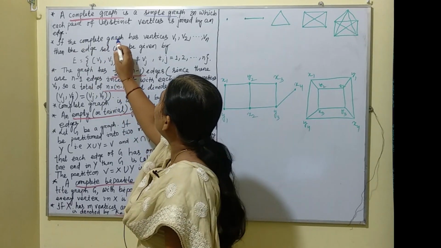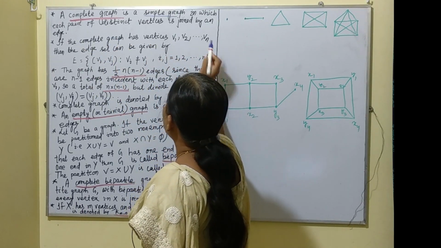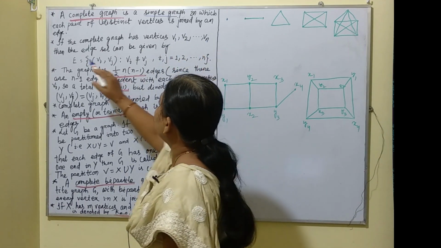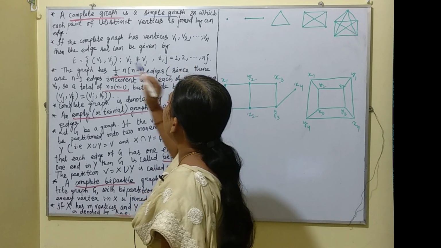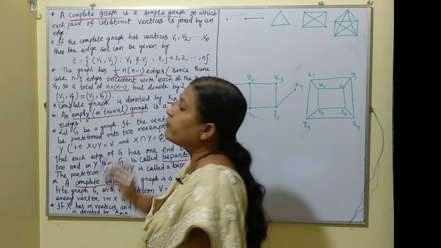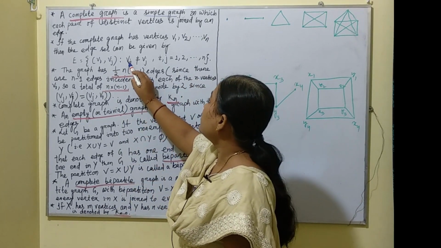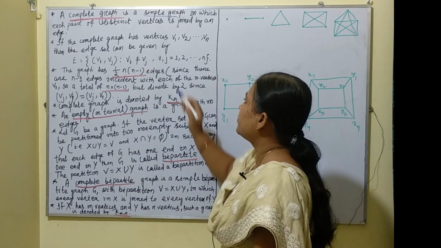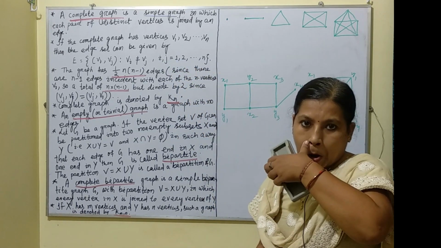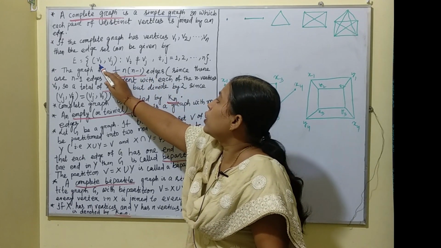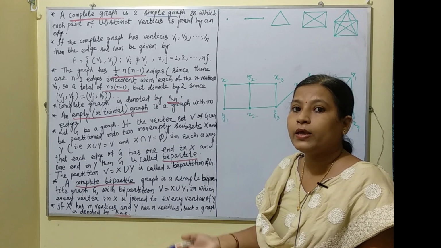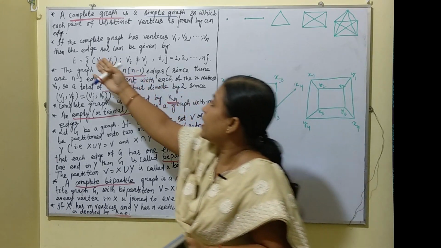Next, if the complete graph has n vertices, that is v1, v2, up to vn, then the edge set can be given by E equal to the pairs vi vj, for vi not equal to vj, and i, j equal to 1 up to n. So we cannot join the same vertex, and each pair of distinct vertices we can join by an edge.